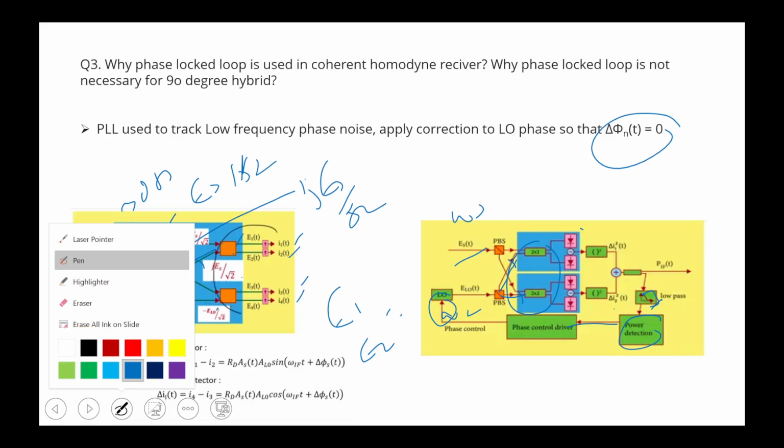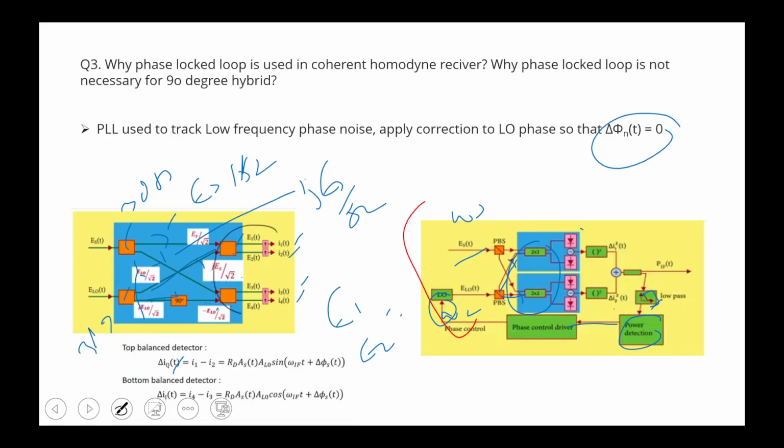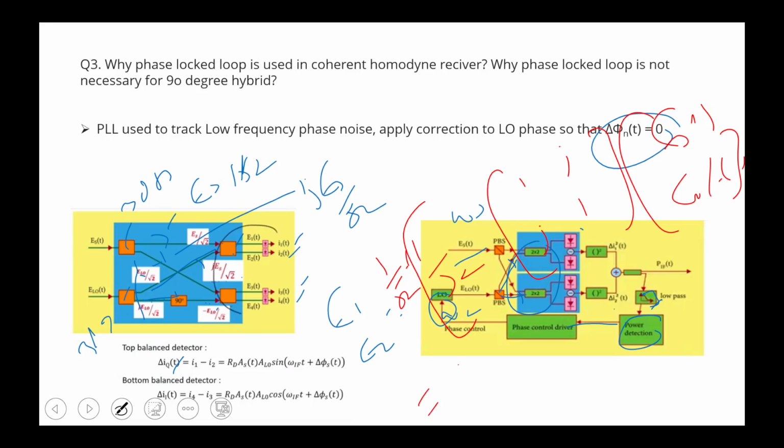If we explain, it should be 1 by root 2 into 1 by root 2, with the imaginary component J and 1, and the Es(t) signal and ELO(t) signal. It will come to 1 by 2, taking the modulus squared, and this is Es(t) plus jELO(t), ELO(t) plus jEs(t) signal.